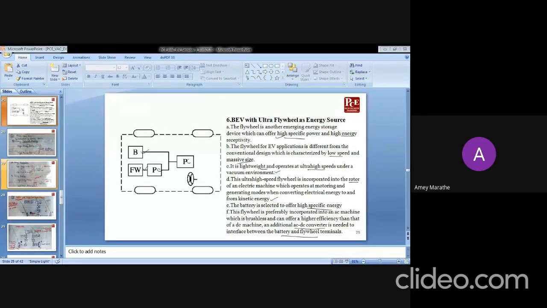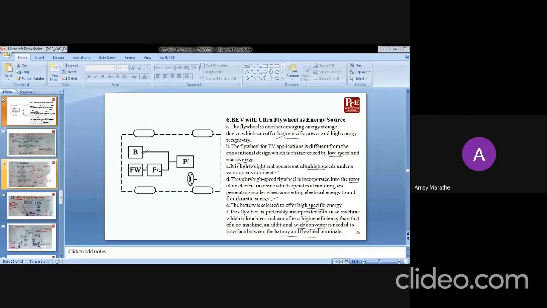So in total, if you bifurcate based on the energy sources and based on the propulsion systems, we can have 6 different configurations which are possible. At the end, you will combine these two together. From an EV perspective, you will either have a battery, a power converter, and one of the configurations which we have seen earlier.